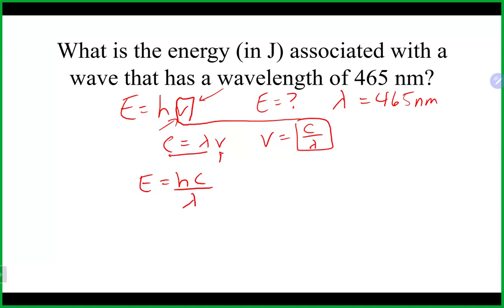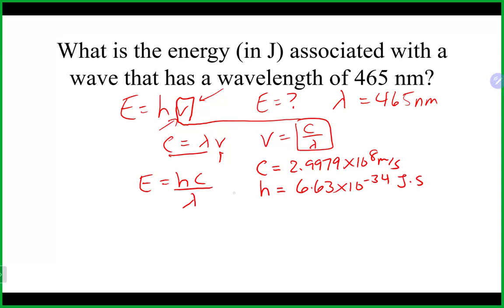In this case, we do need to do a couple of things here. We do have c always available to us, which is 2.9979 times 10 to the 8 meters per second. h, which is Planck's constant, also a constant, 6.63 times 10 to the minus 34 joules times seconds. Remember that when this wavelength goes in there, it does need to be in meters so that it cancels out correctly with our speed of light.